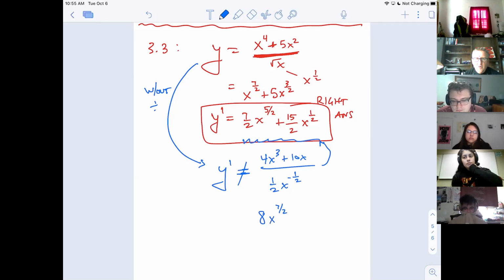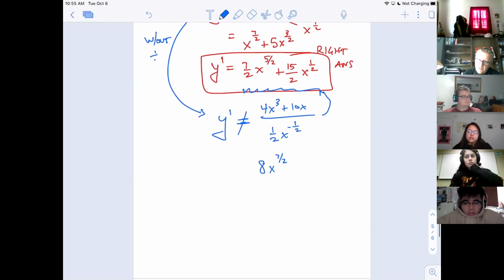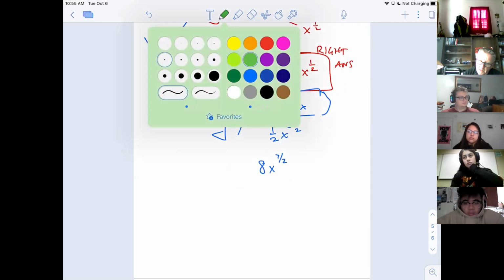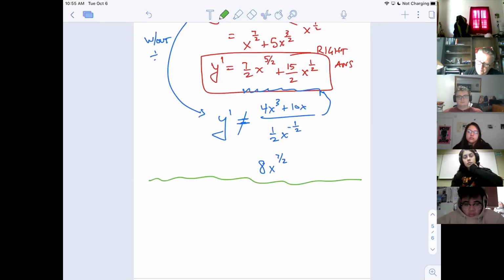And so what do I have to do to deal with a quotient? What do I have to do when two things are divided by each other? How am I going to get the answer to this? And you can appreciate, as I said, it's probably a little messy. And so, again, let's go back and come up with a quotient rule.